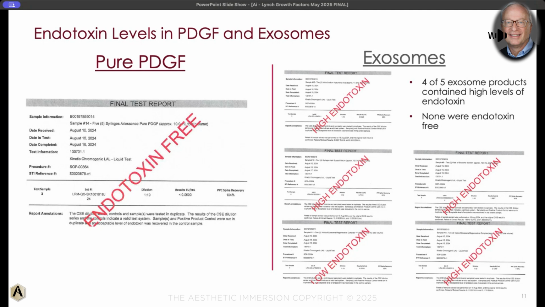It's a simple little experiment, not hard to do, where you can measure the level of endotoxin in other products like these exosomes or polynucleotides. None of the exosome products that we tested were endotoxin free. Some of them had up to 30 times the FDA maximum allowable level of endotoxin for an injectable or an implantable product. So PDGF is endotoxin free, exosomes are not.